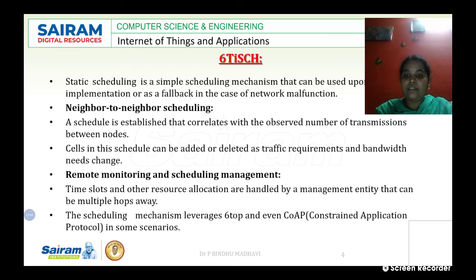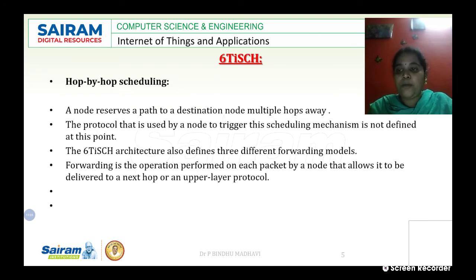And the next one is hop by hop scheduling. This is the last category of the scheduling mechanisms. The name itself says it. The nodes will have a specific path to a destination node, in a multi-hop way. A hop is a unit distance, as I said.